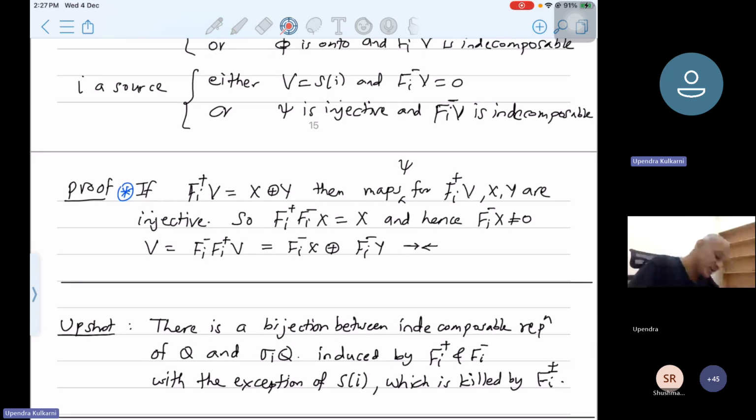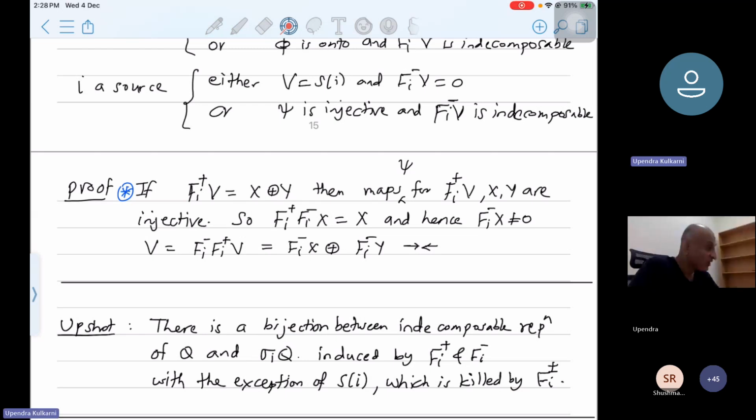That there is a bijection between, so it falls into a clear dichotomy. If I have a quiver Q, and let us say the vertex I is either a source or a sink, doesn't matter. For definiteness, let's take a sink. Then the indecomposable representations of Q and those of sigma I Q, that is the quiver that I obtained by reflecting the arrows at I, they just pair up.